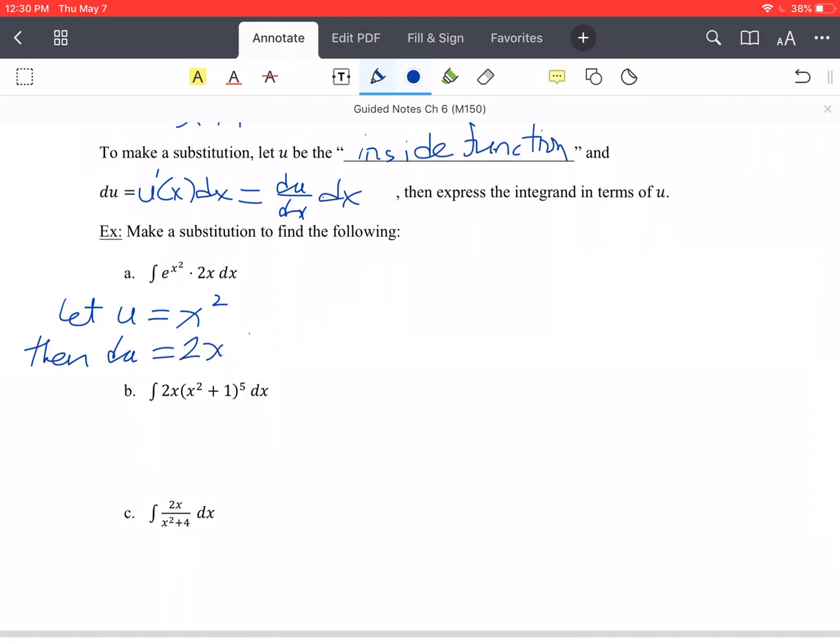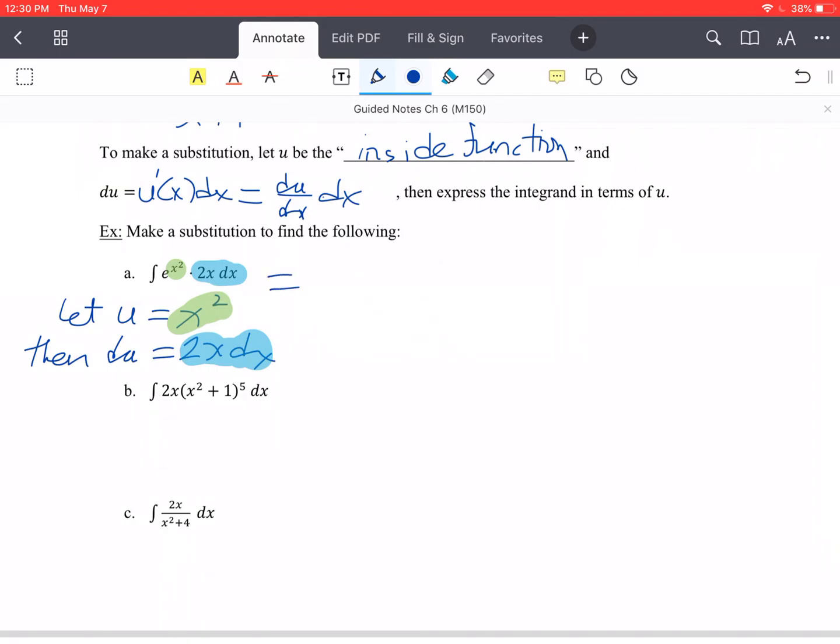So that's going to be 2x dx. Now when it comes to making the substitutions, we need to make sure that we cover all of the x's appropriately, and can replace them all with u values. So the x squared covers that one, and 2x dx covers that, and we're good to go.